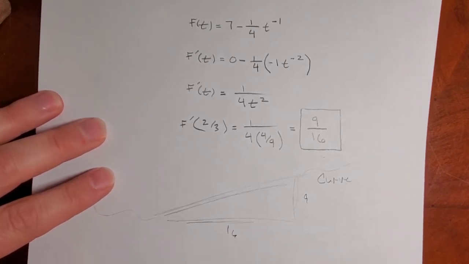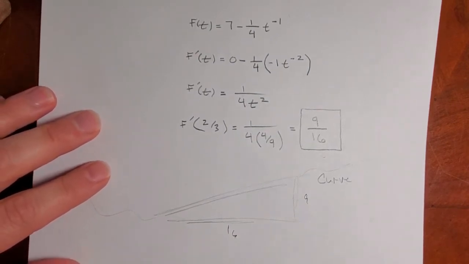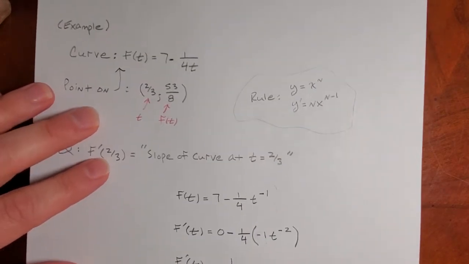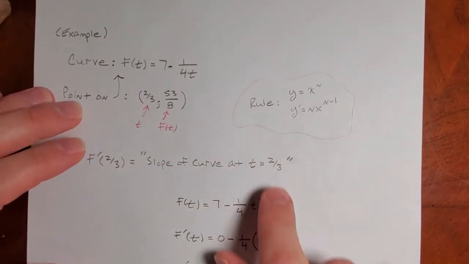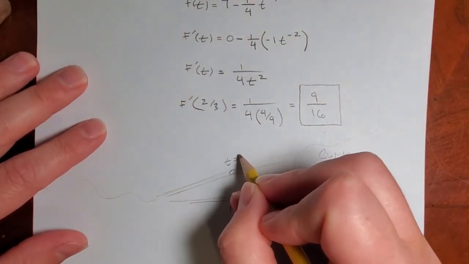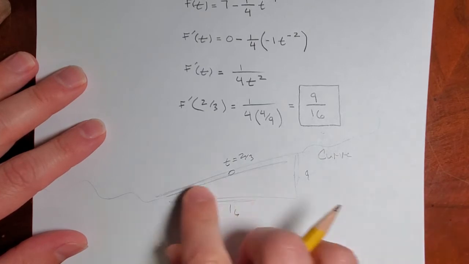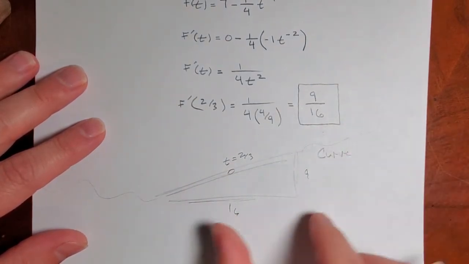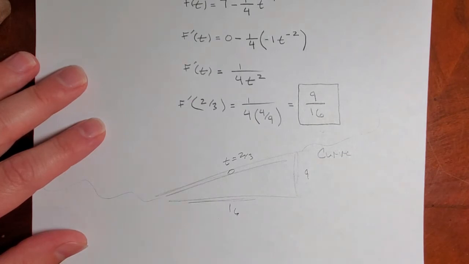That's what it's going to look like, very close to the point where t is 2/3. That's what we mean when we say, what's the slope of the curve at that point? So maybe right there, that's the point where t is equal to 2/3. And it will look roughly straight, very close to that point, with these proportions for rise and run.